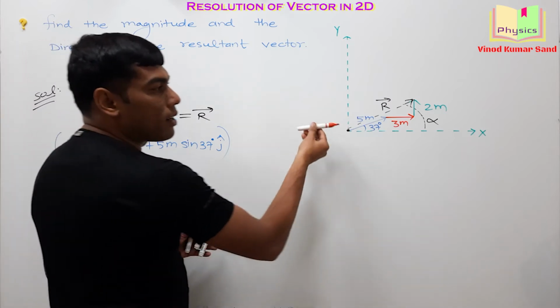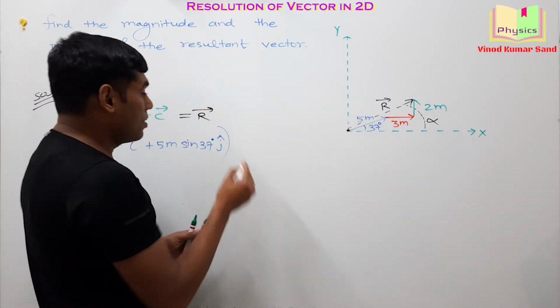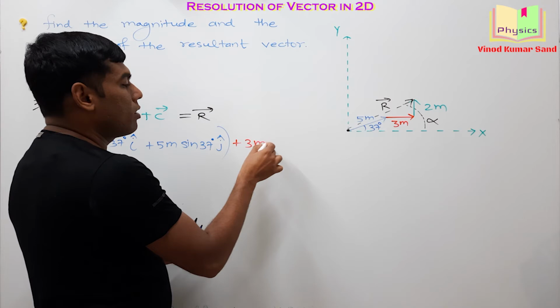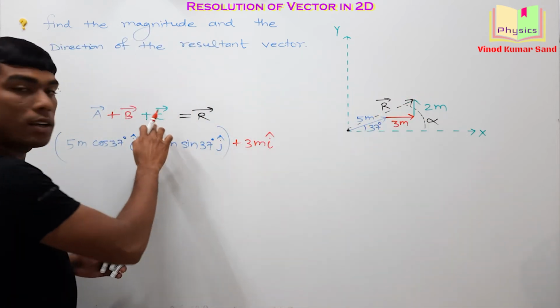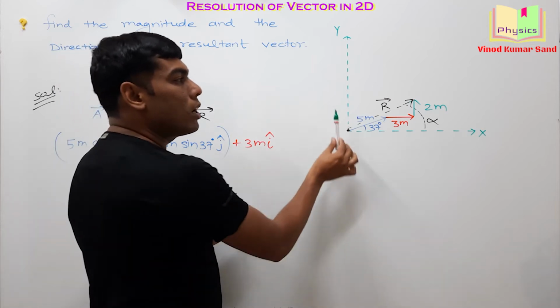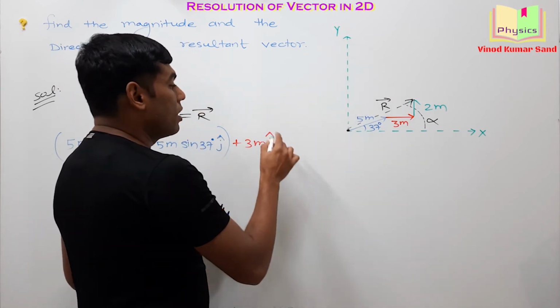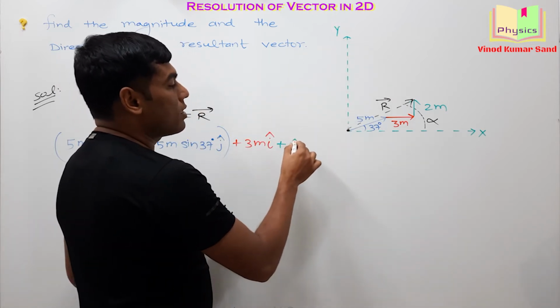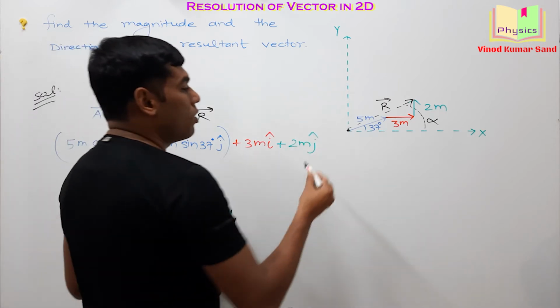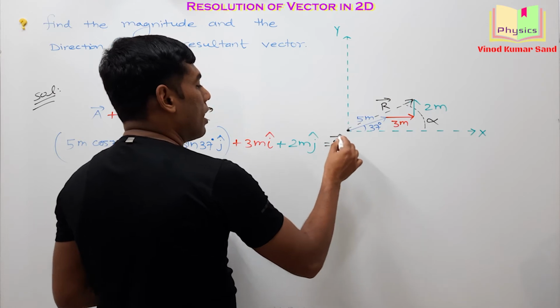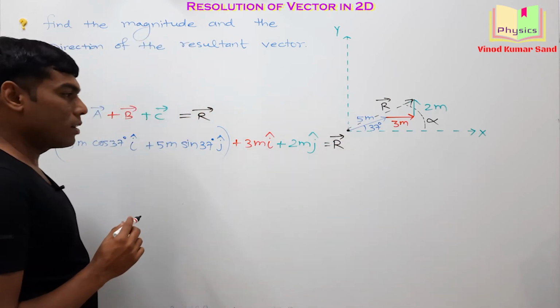Plus B vector is only along the x-axis, meaning 3 meter i cap, plus C vector. The C vector is only along the y-axis, so you will write this as 2 meter j cap, and this all should be equal to the R vector, the resultant vector.